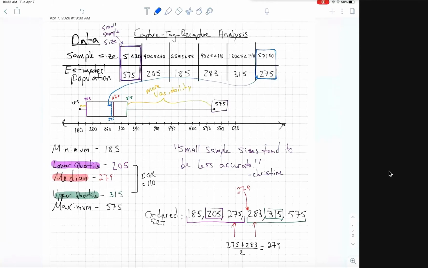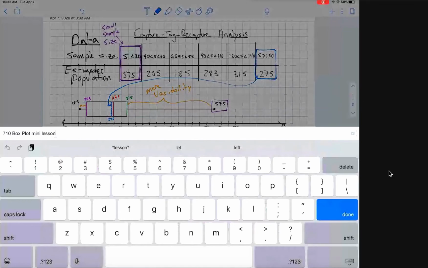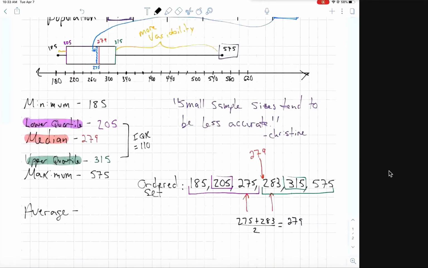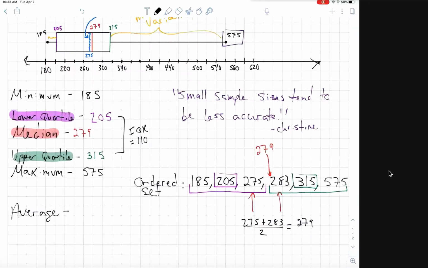Let's also find the average. Zihao had mentioned discussing the average. Did anyone calculate the average yet? Can we have someone do that quickly? Calculate the average of those 6 data points.